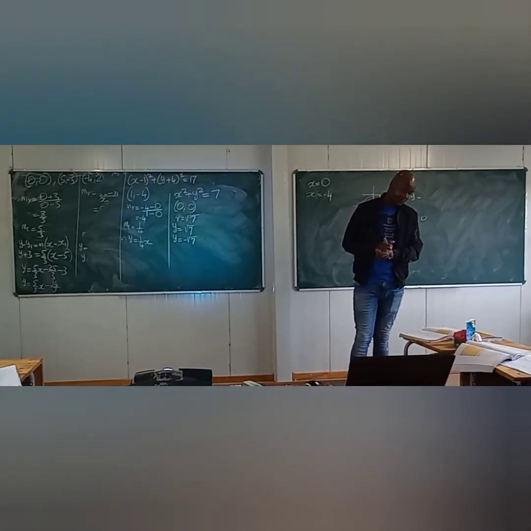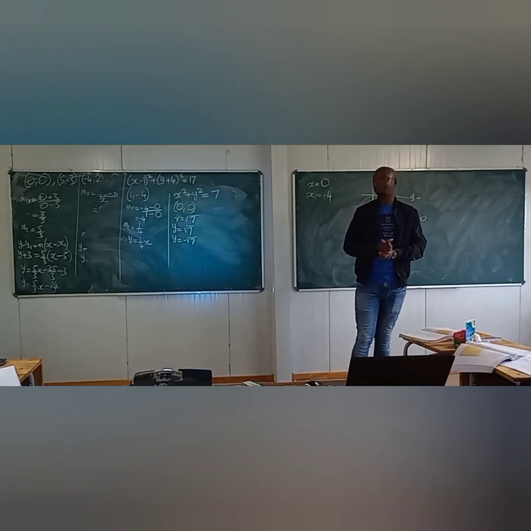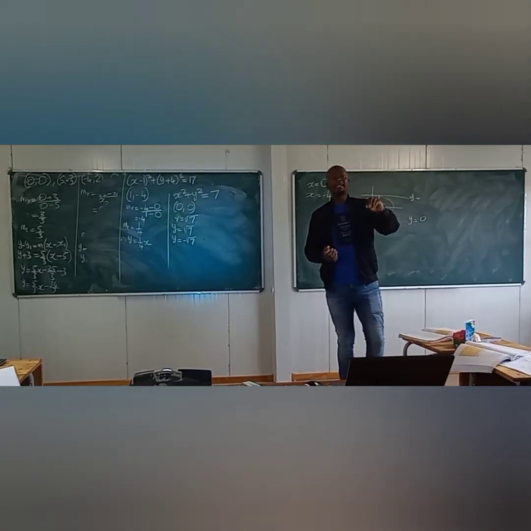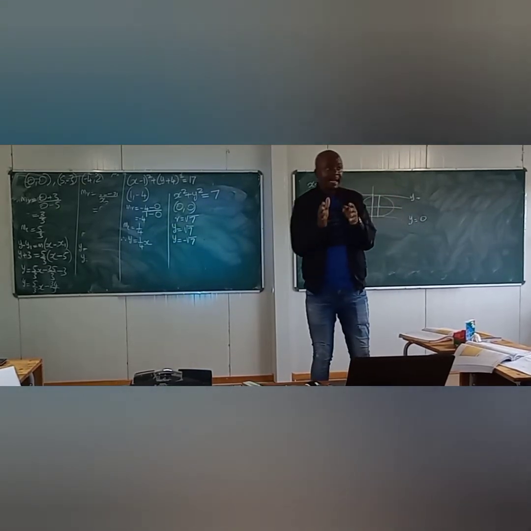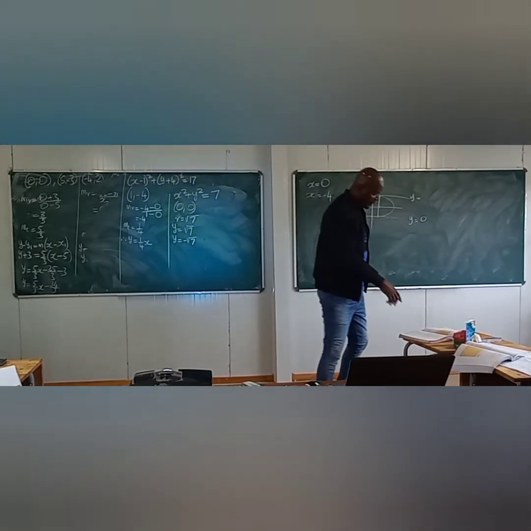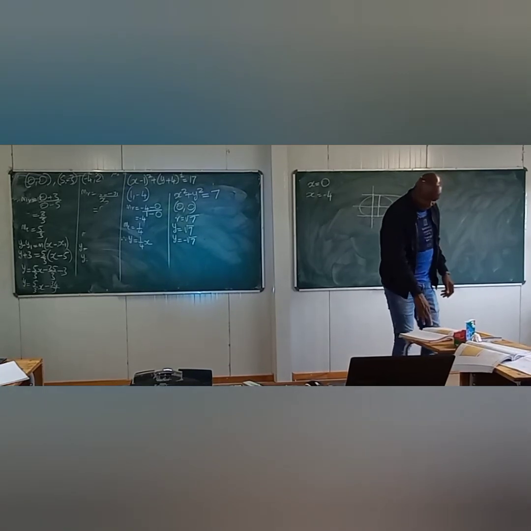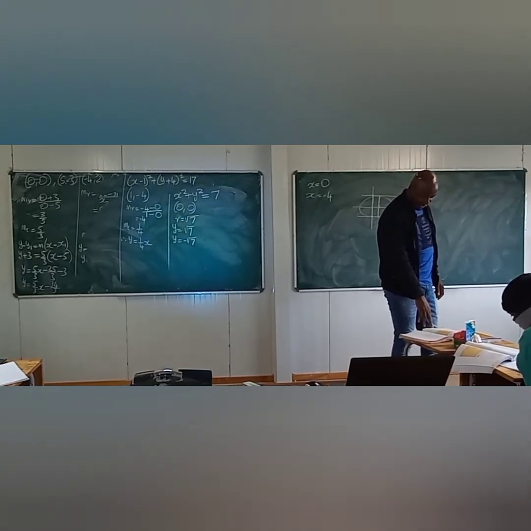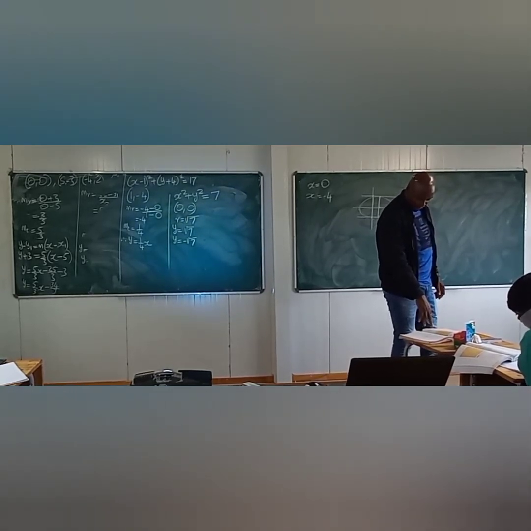2.6. The graph here, the straight line, is very, very important. Look at this one. Now let's move on. (x plus 3) all squared plus (y minus 2) squared equals 25.